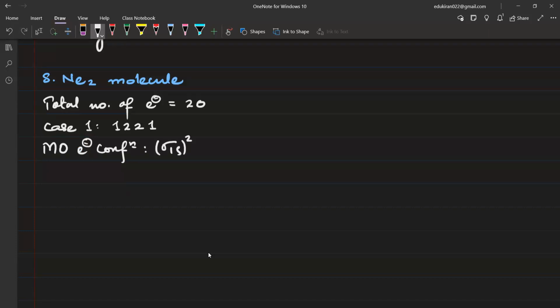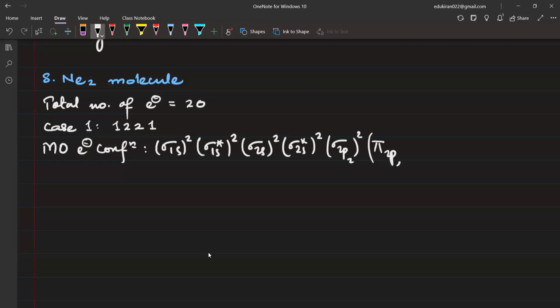Sigma 1s2, sigma star 1s2, sigma 2s2, sigma star 2s2. Now what comes after this? Sigma 2pz, then pi 2px equal to pi 2py. Now in pi 2px and pi 2py, 1 electron, 2 electron, 3 electron, 4 electron.